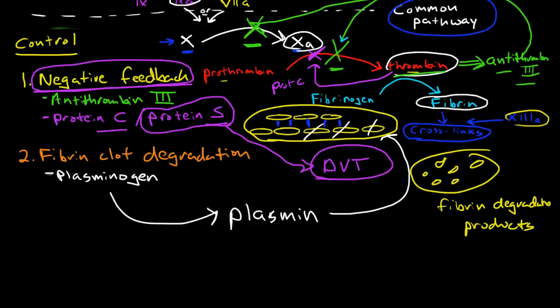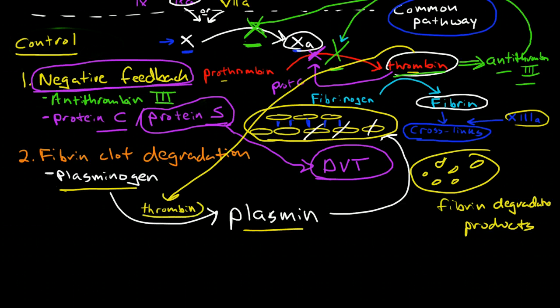Okay, there are two things that can cause the inactive plasminogen protein to become plasmin. One is thrombin. So again, we have another negative feedback loop system here.